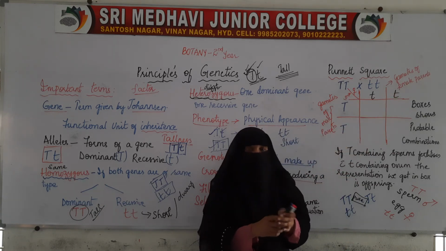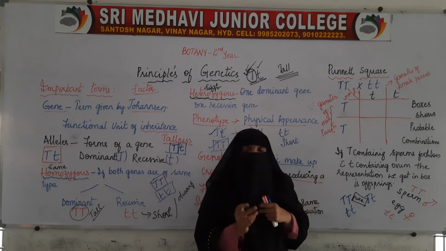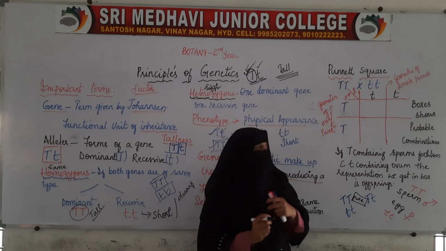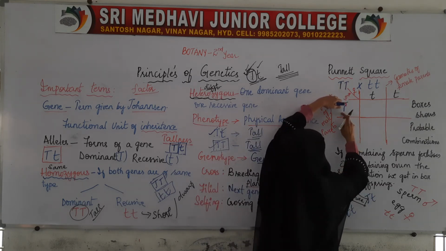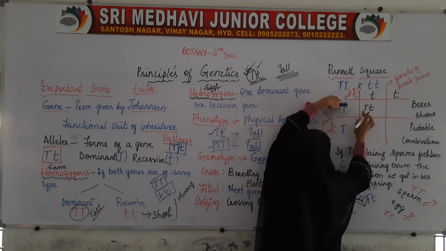So when there is fusion between the male gamete and the female gamete, if we cross this T and this T, what will we get? One capital T and one small t.